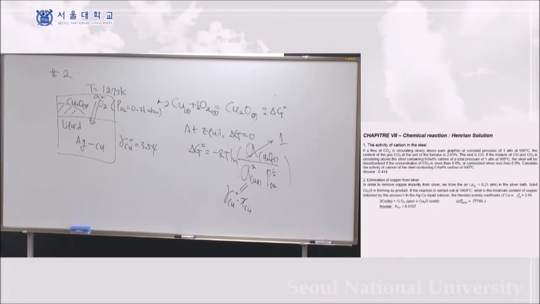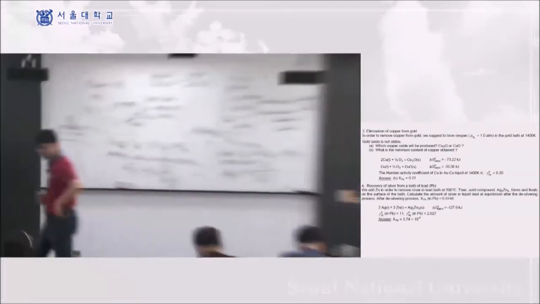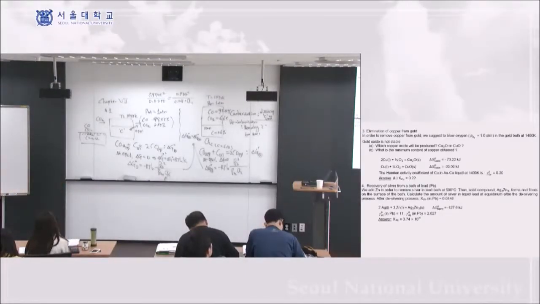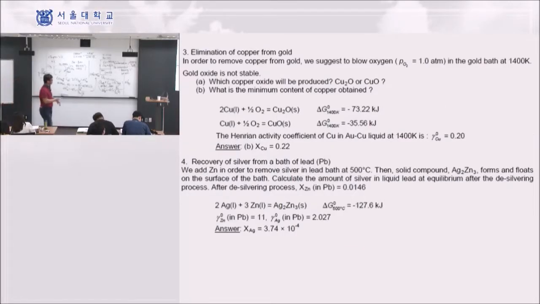Let's look at the next question. As I mentioned, now we have gold instead of silver. This is more expensive. So now I want to remove the copper from the gold, and okay, so PCO is now 1 atm. It's better than before. And the gold vessel is about 1,400 Kelvin, okay? And gold oxide is not stable, so typically it will produce Cu2O or CuO, something like this.